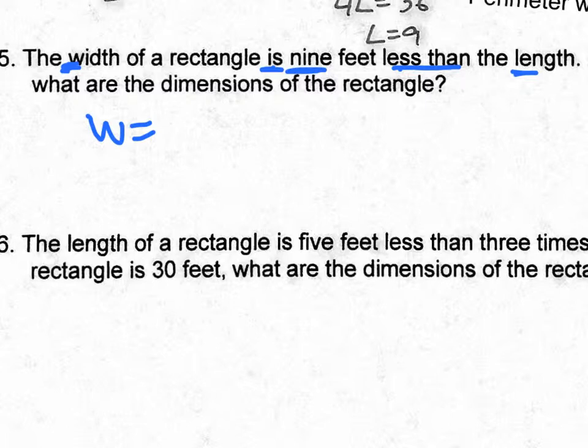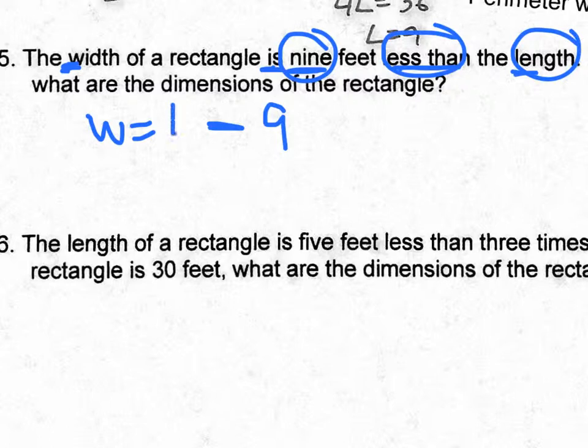Just because the 9 comes first doesn't mean I'm going to write 9 first, because the less than means there's a switch. So I'm going to put the 9 back here, and put the length up front, and you just write that as L. So you have W equals L minus 9.